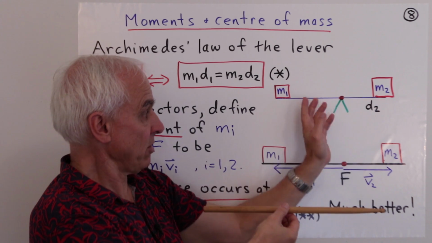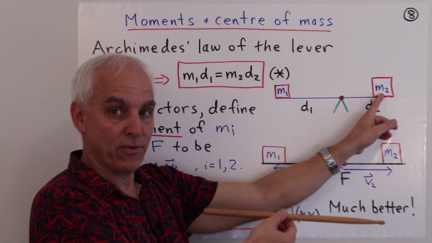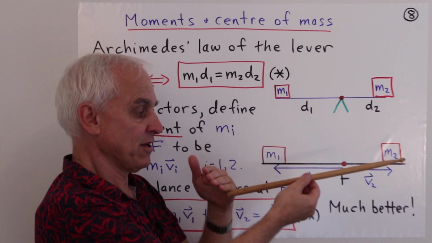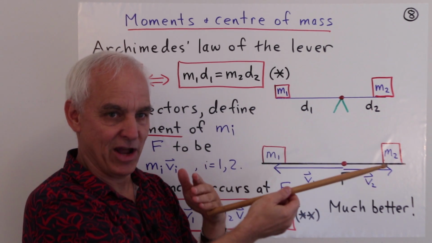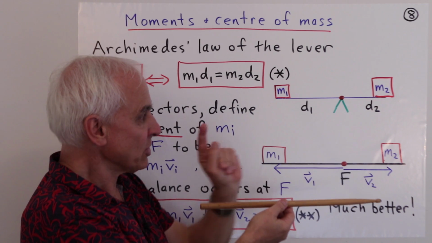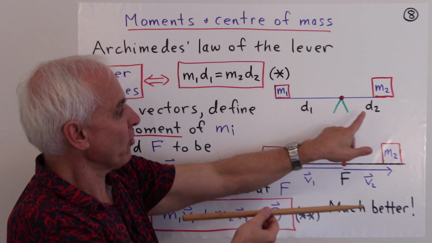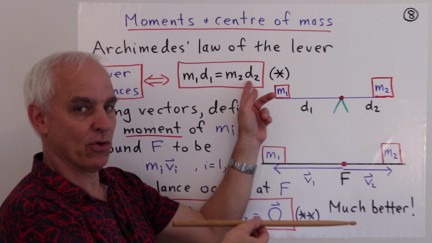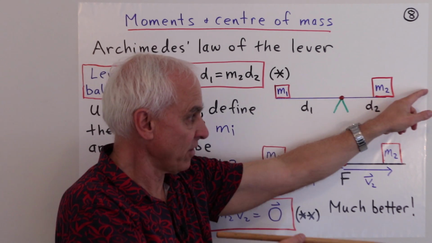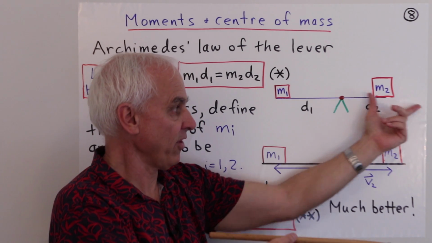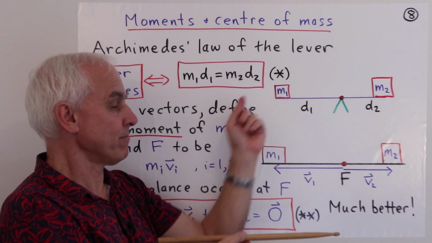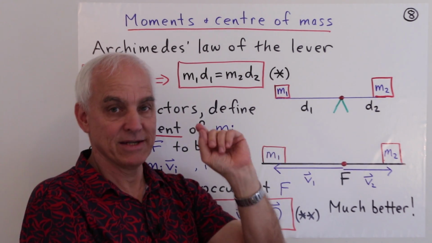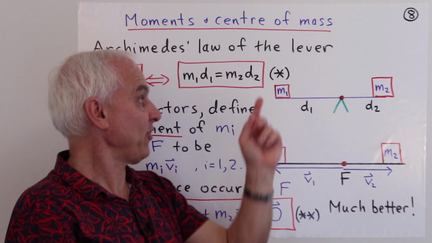But suppose that you're on a seesaw and there's only you there, and so somehow you have to adjust to the fact that there's now two people sitting on the other side as opposed to just one. So what you could do is multiply D2 by 2. If you move out to double this distance, then this quantity, this total, actually it's called a moment, will be still the same as this one on this side.